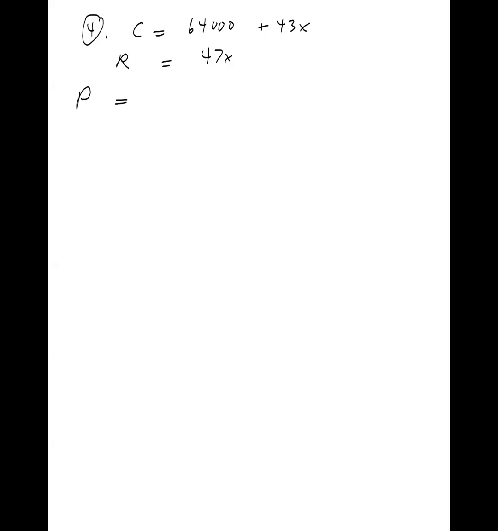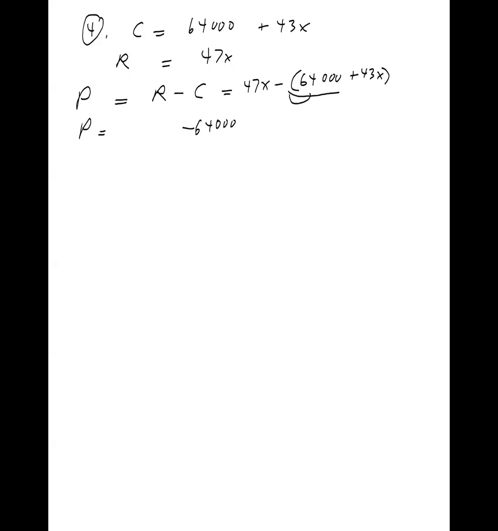So the profit function is equal to the revenue minus the cost, the money that you're making minus the money you're spending. So that's equal to the 47x minus, whenever you subtract something that has two parts or more than two parts, you have to put that in parentheses. So put that in parentheses. Now distribute the negative. So if I distribute that negative, you'll get negative 64,000.